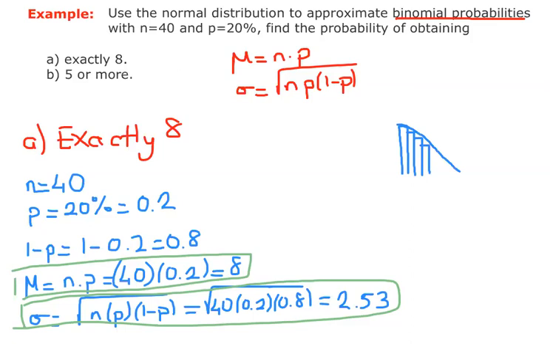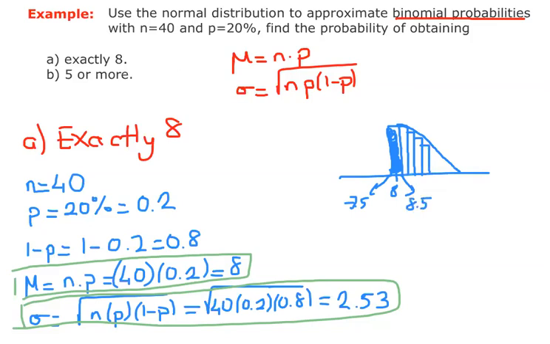Our mean is 8, and the histogram bar for 8 is surrounded by borders at 7.5 and 8.5.